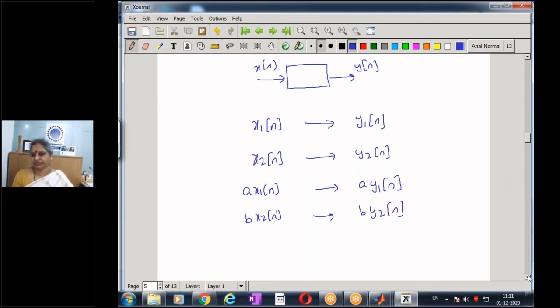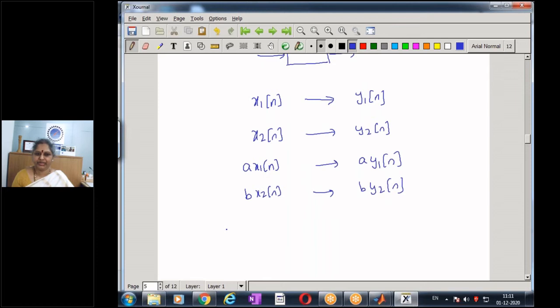Combining the above requirements, if I apply a times x1 of n plus b times x2 of n as the input, my output of the system is going to be a times y1 of n plus b times y2 of n.